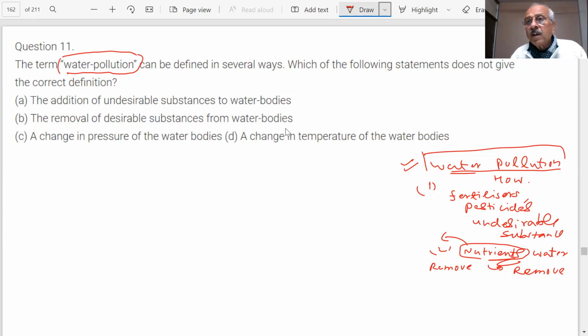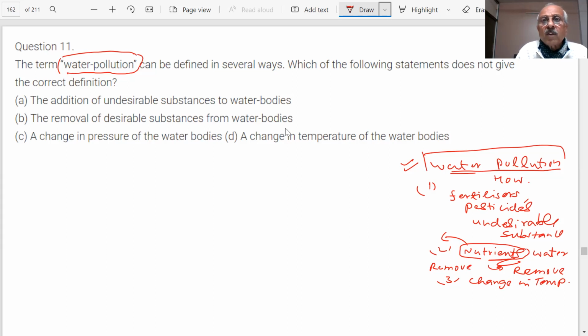Organisms survive under definite conditions of temperature, students. You know about it. So if there is a very large change in temperature, will they survive or die? They will die. Then will this be called water pollution? Yes, sir. Okay.